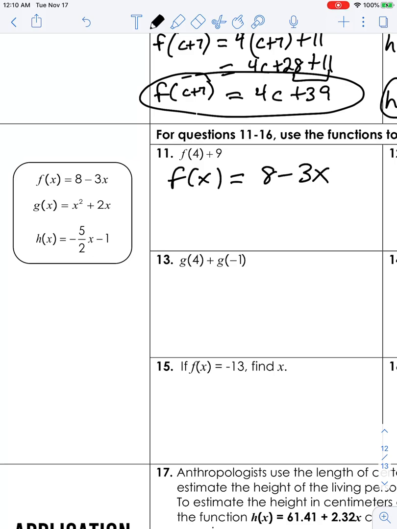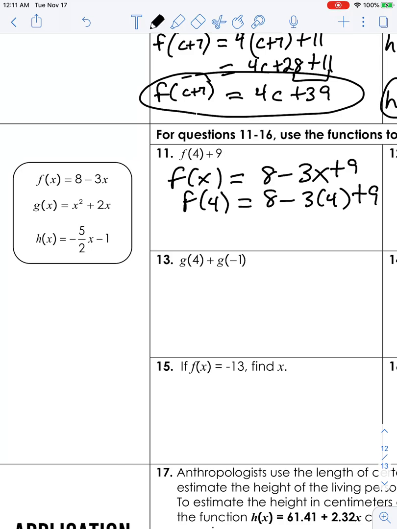All right? So it's saying plug in f of 4. So you're actually going to plug in 4 for x, meaning you're looking for f of 4. And then obviously, I forgot the plus 9.